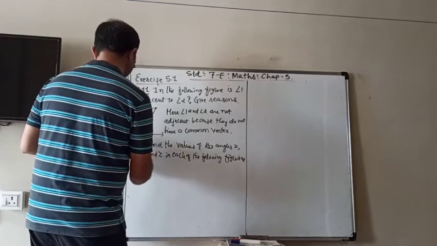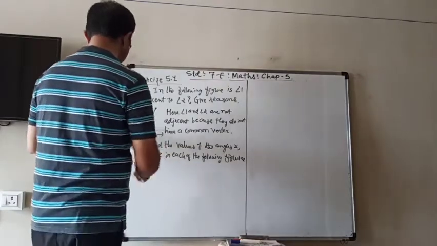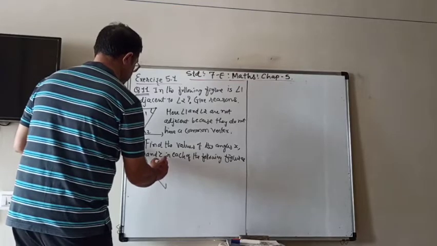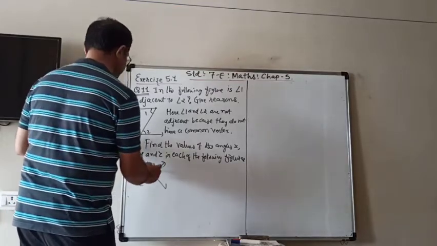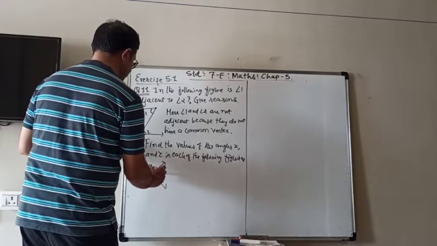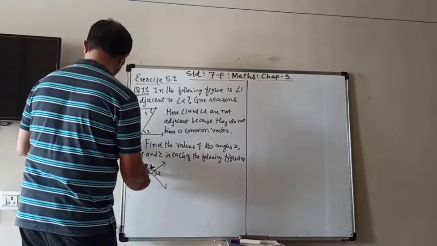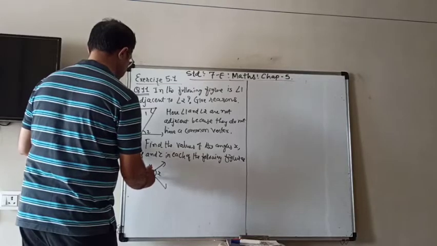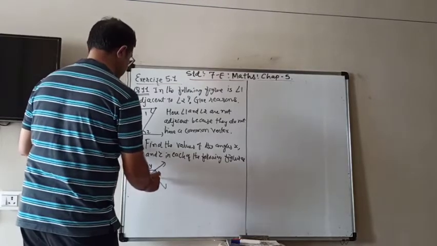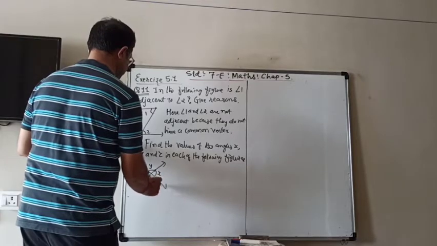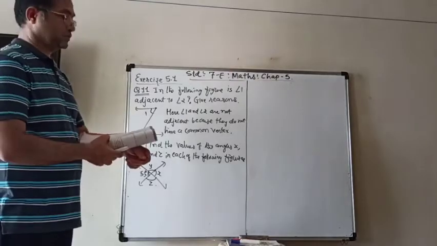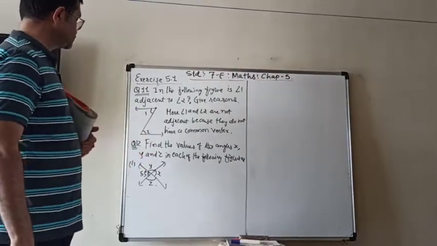So in the first one, the figure is two lines crossing, that is Y, here is X, that one is 55 degrees and that is Z. Now we have to use the mind.